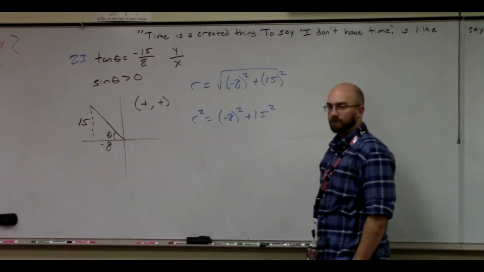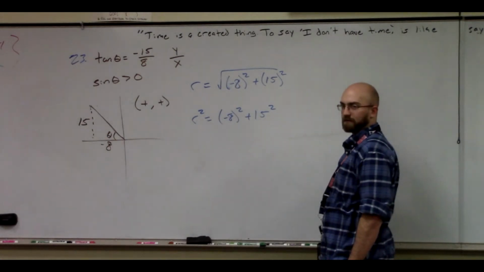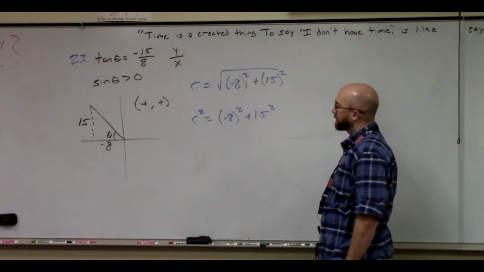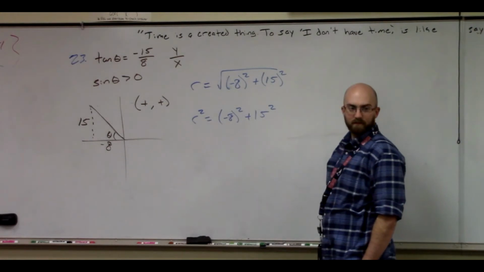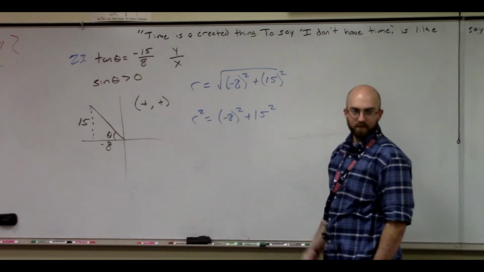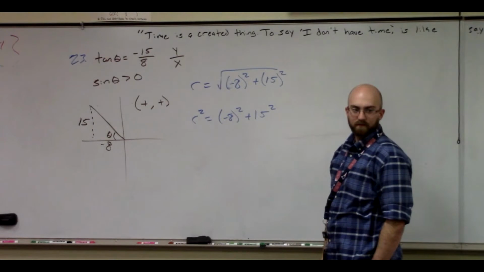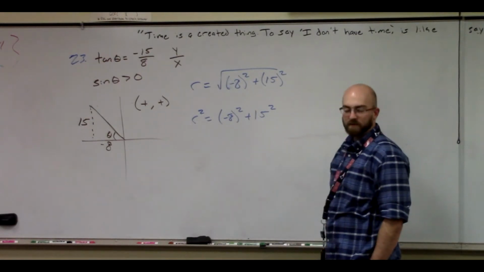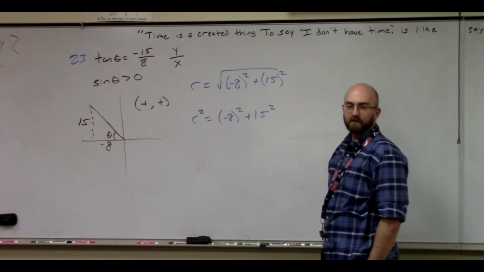Instead of having to go through the issue of square rooting the r, we just get rid of it in the end. Just do it automatically. Okay, that makes sense.